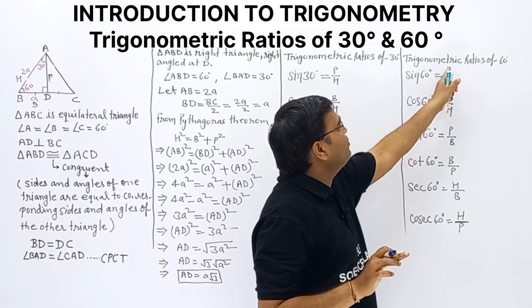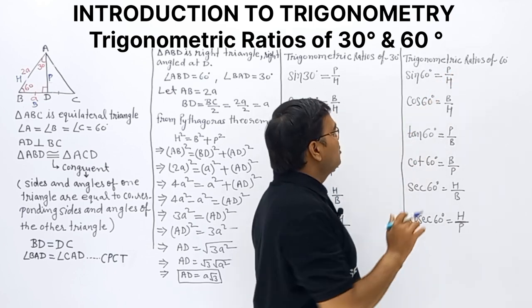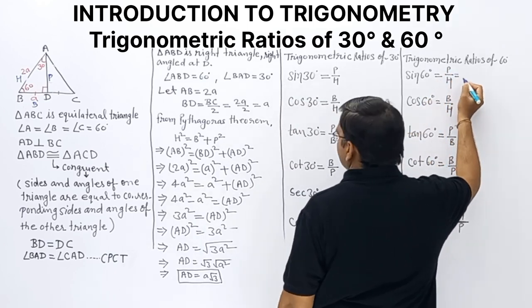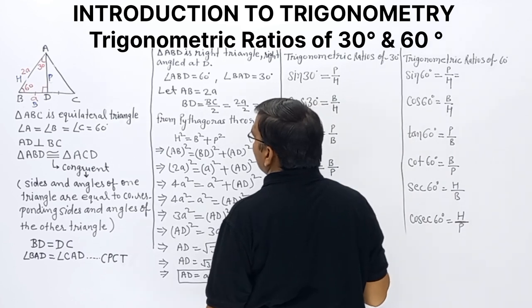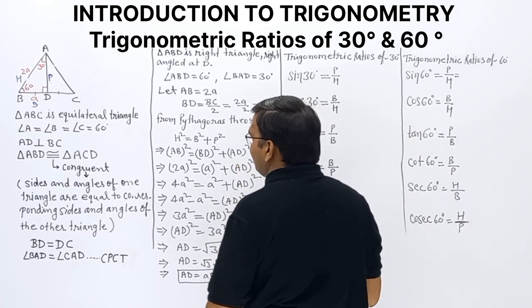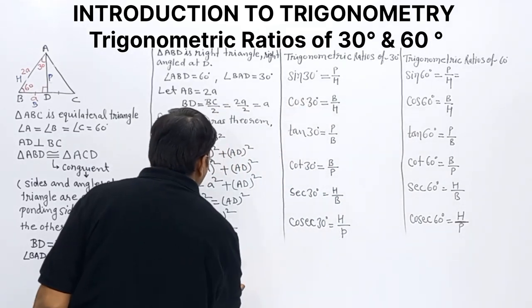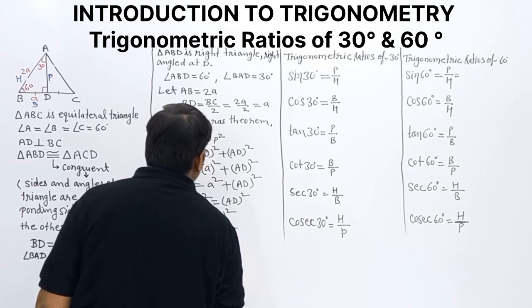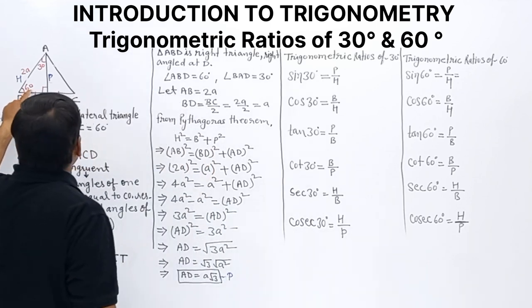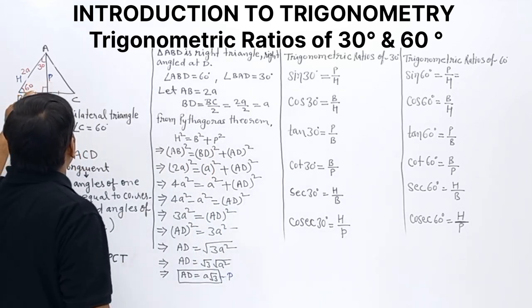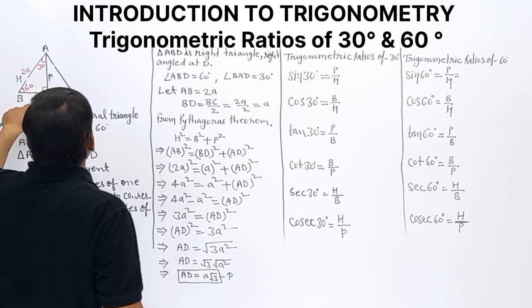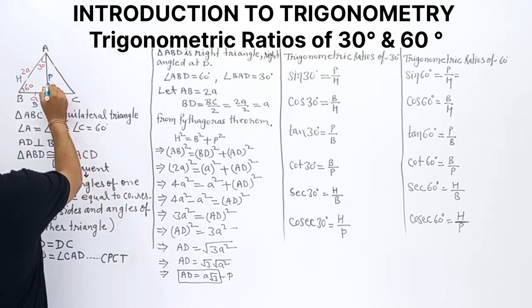Sin 60 will be perpendicular upon hypotenuse. So what will be the perpendicular? We are talking about 60 degree, so its opposite side is perpendicular, and this one will be base.